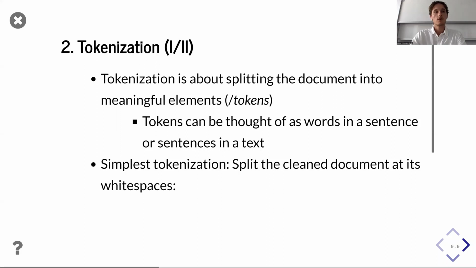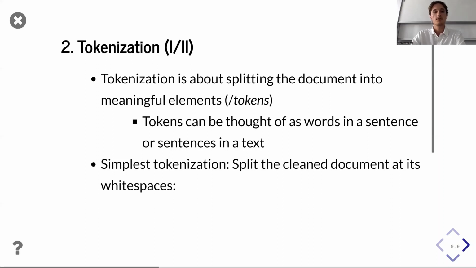So tokenization is about splitting the document into meaningful elements, what we call tokens. Normally tokens can be thought of as words in a sentence, and they can also be thought of as sentences in a text. But normally it is words in a sentence and in a text.